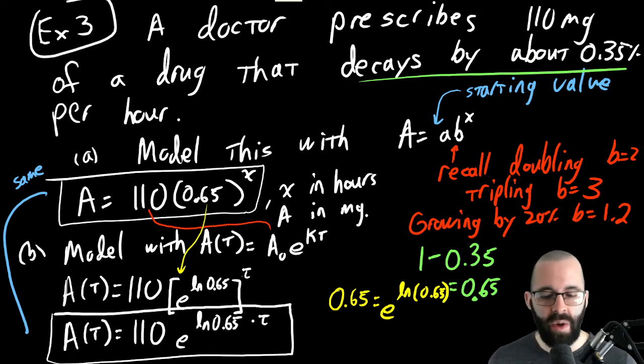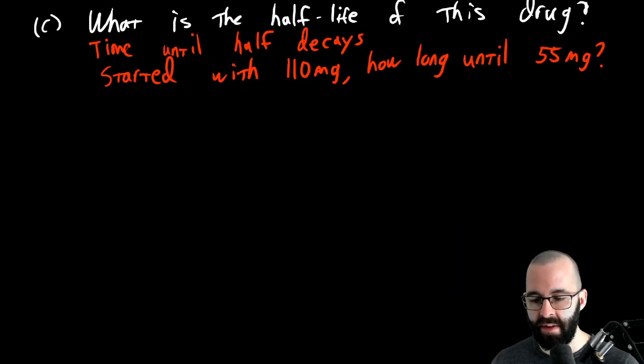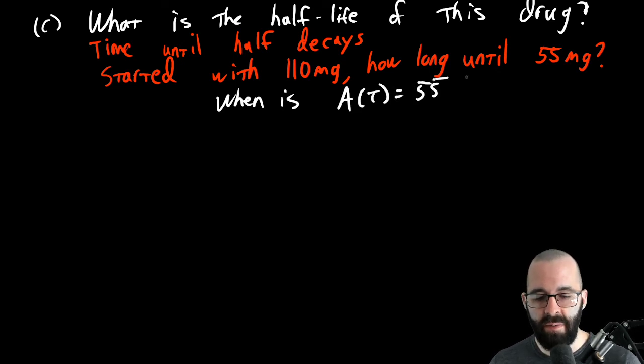And you can use either equation to solve this. You can use the first equation or the second equation. No problem. The second equation is more common though, but you can use either. So in other words, when is A of t equal to 55 milligrams? So you just plug that in.